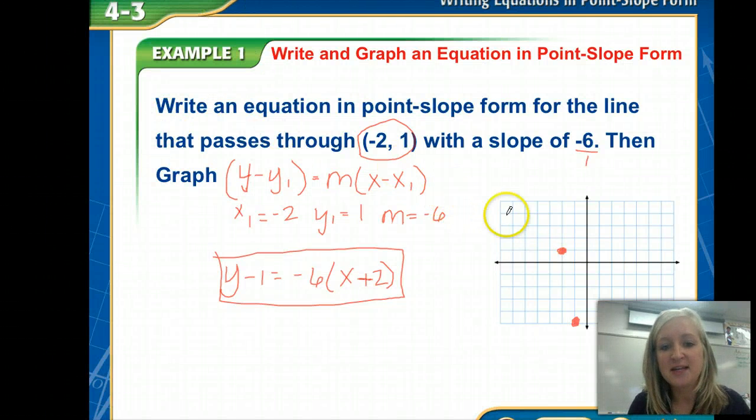So we always need those 2 points in order to graph our line. All right, let's move on.